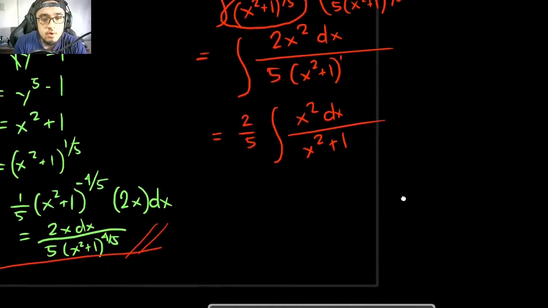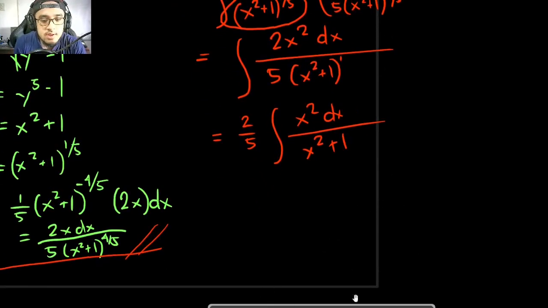Okay, so what would I do next? As you can see here, the degree of your numerator is equal to the degree of your denominator. So what I would be doing right now is dividing this numerator by this denominator. You can either do a long division or you can just do this instead.